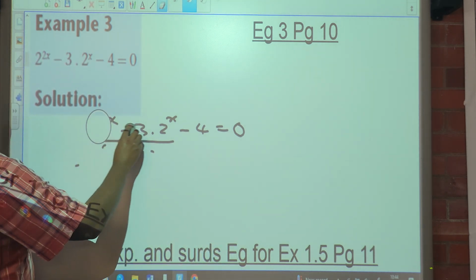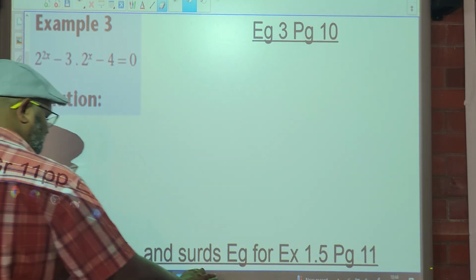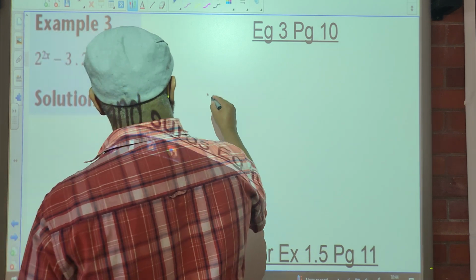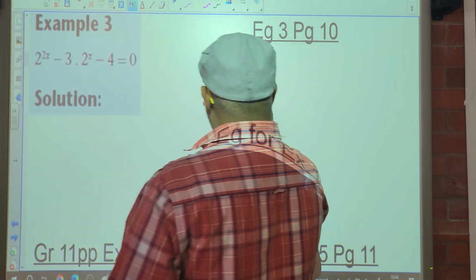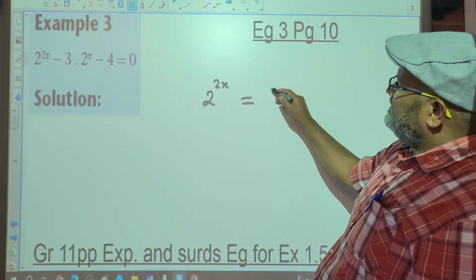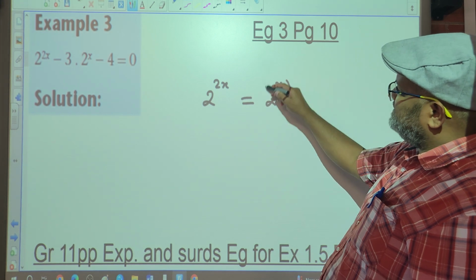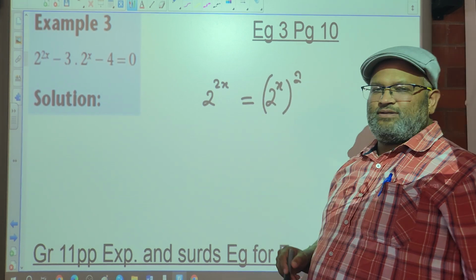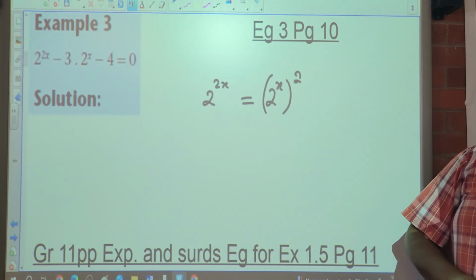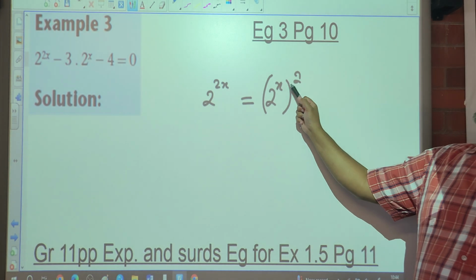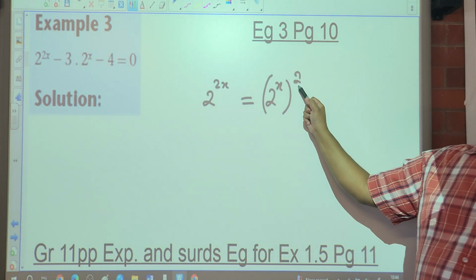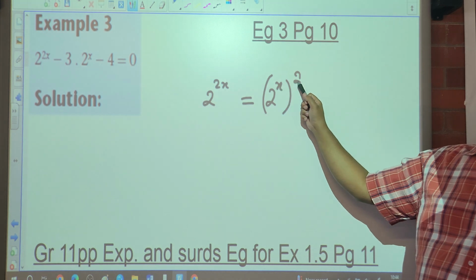But what you should note is that 2 to the 2x is also the same as 2 to the x squared. Can you see that? Because if a base is raised to a higher exponent, we multiply the exponents.